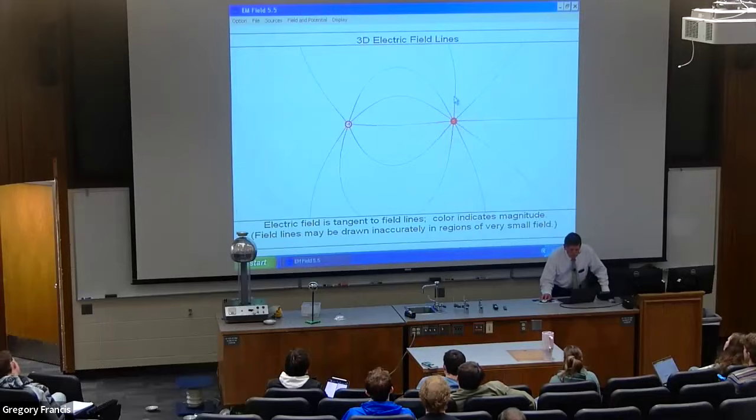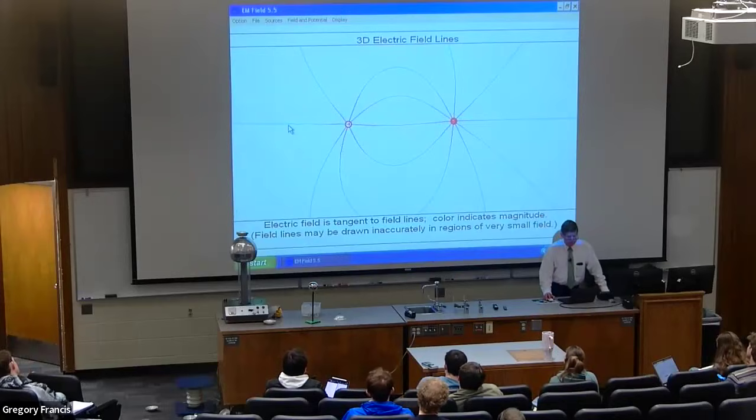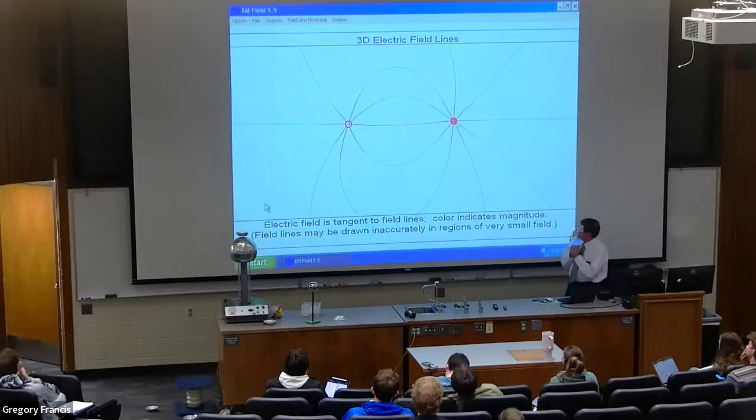Okay, so now I've got 1, 2, 3, 4, 5, 6, 7, 8, 9, 10 field lines representing the +5. So I should have 8 for this guy. I've got 1, 2, 3, 4, 5, 6, 7. I'm missing 1. Okay, so those are my electric field lines.